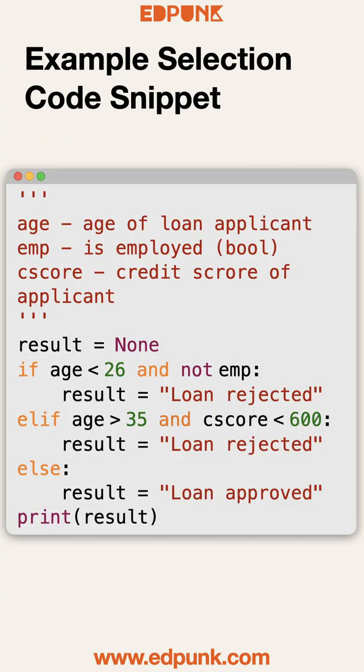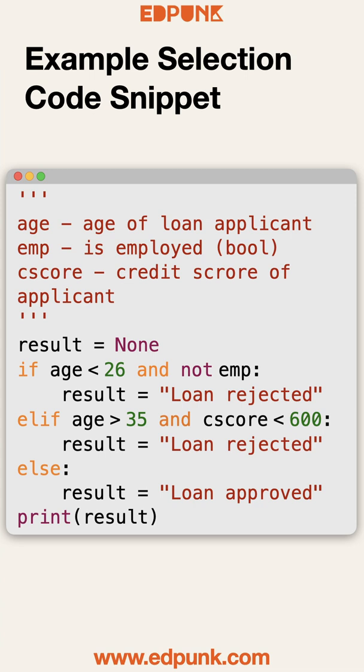Let us take a look at an example code snippet that demonstrates the usage of the if statement. In this code, age, EMP and C score are three variables whose values are input by the user. The variable age represents the age of the loan applicant.